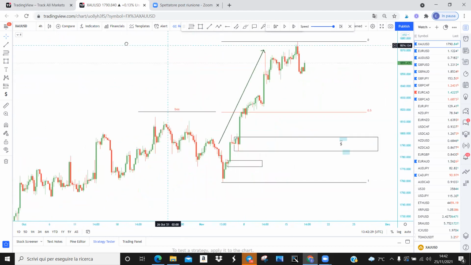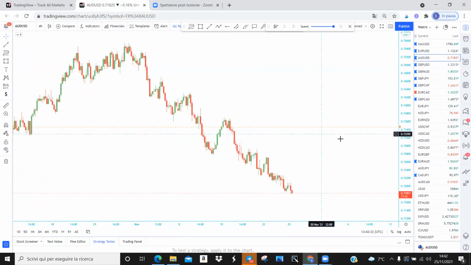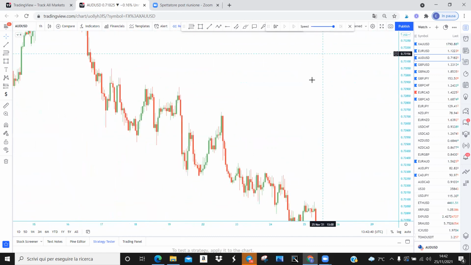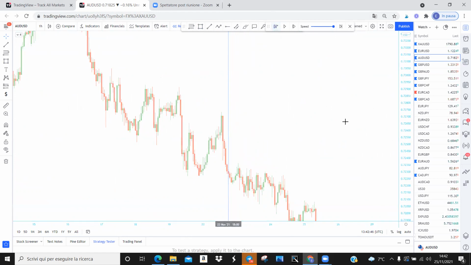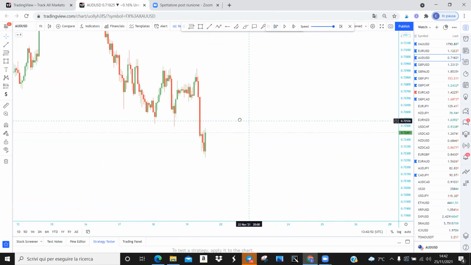Now, other than the more advanced stuff, let's do some more examples on premium and discount. So, for example, let's go to the 1 hour. Well, right now it's kind of ranging and not really trading with momentum. So here, for example, we have this push to the downside, okay?